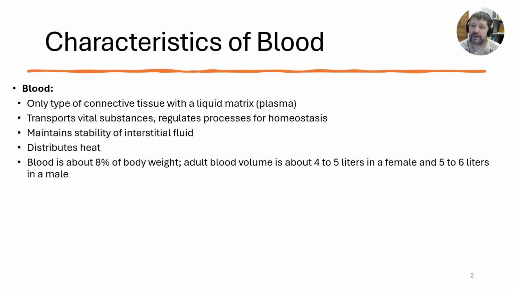And so if someone's down 2 units of blood, then they get roughly 2 pints of blood or 1 liter. Okay, so that just puts it in perspective when you hear about blood transfusions.